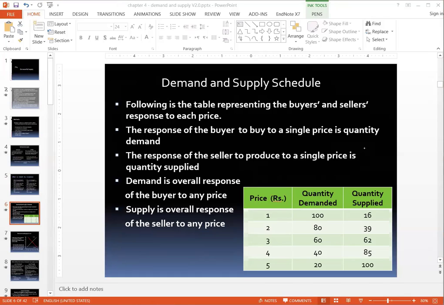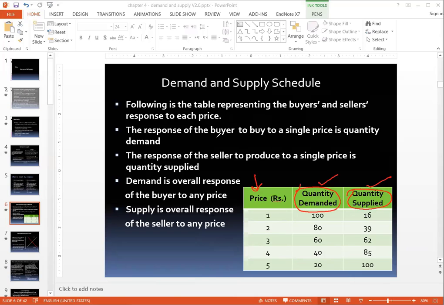So in their calculator, we have given the value of the price. Other things they already know by themselves, and their calculator has given us how much to buy and how much to sell. So how much to buy is actually called quantity demanded, and how much to sell is quantity supplied. So in the books you will see this word, not how much to buy or how much to sell.